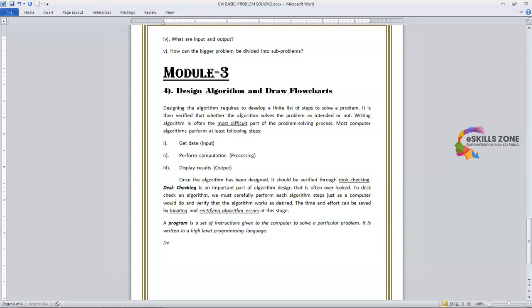Second definition, desk checking, is the process of carefully observing the working of an algorithm on paper for some test data.